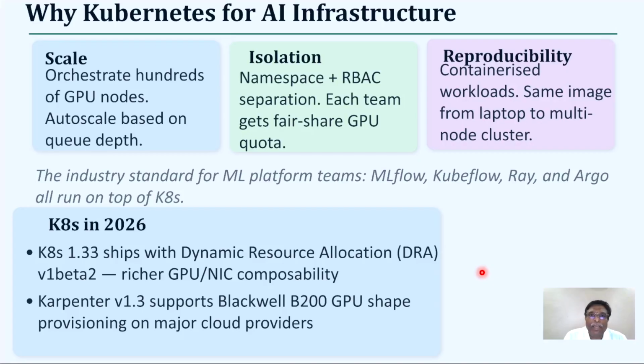So I told you about DRA, right? And it basically gives you certain composability. And then there is this Karpenter version 1.3, which supports Blackwell B200 GPU shape provisioning. Okay, so I'm not going into Blackwell B200 GPU series, but the basic idea is you should understand that Kubernetes supports Blackwell series as well.